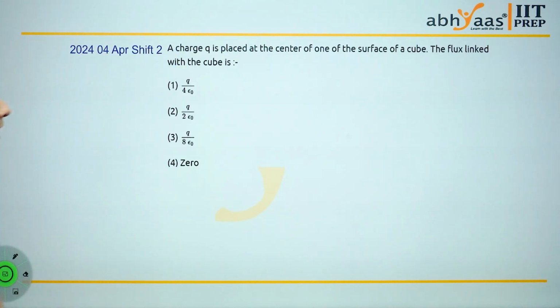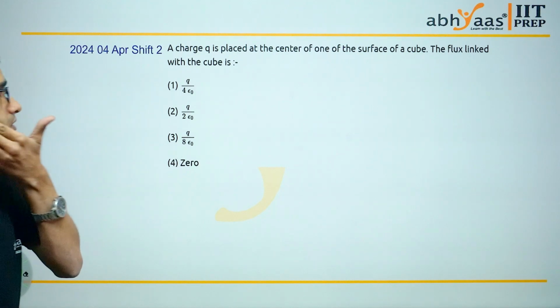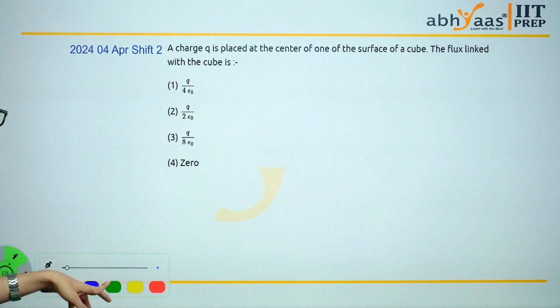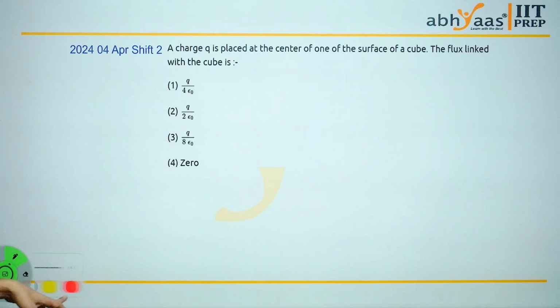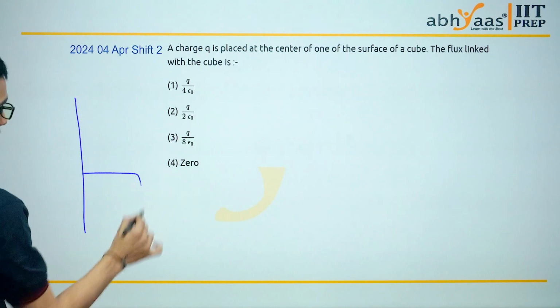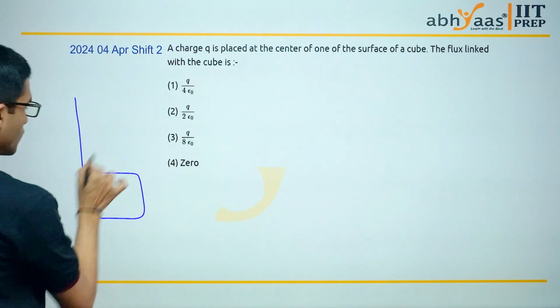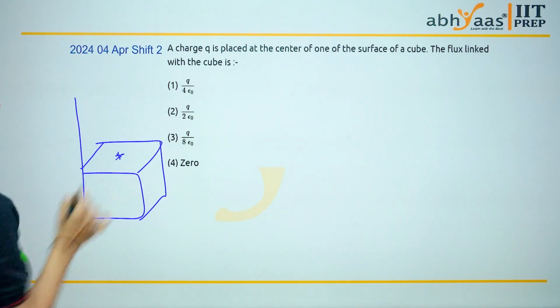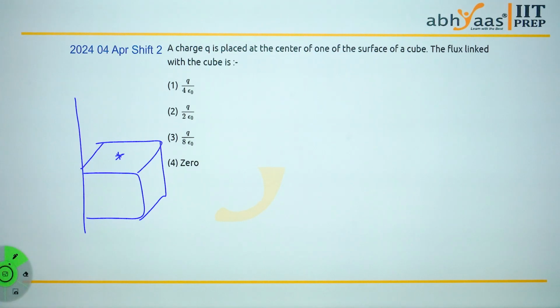Next one: a charge is placed at the center of one of the surfaces of a cube, and the flux linked with the cube is asked. You can take a cube like this, with the charge at the center of one of its surfaces.